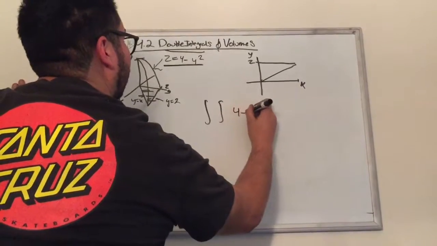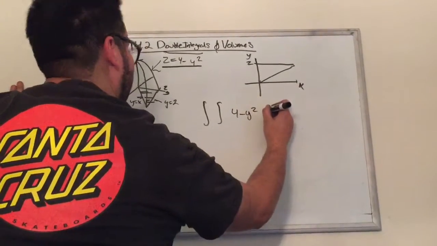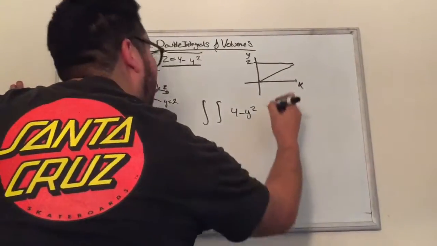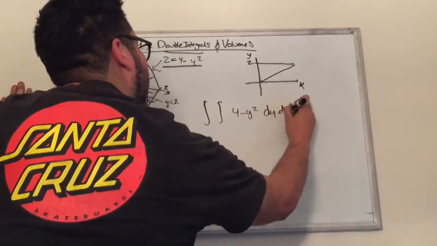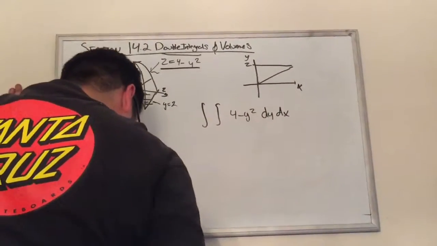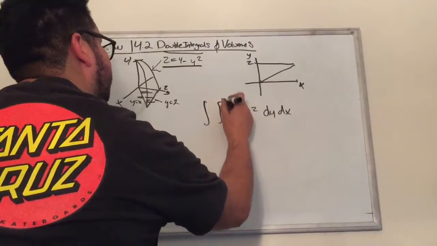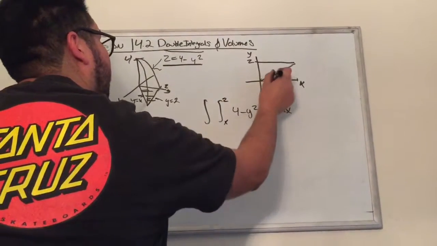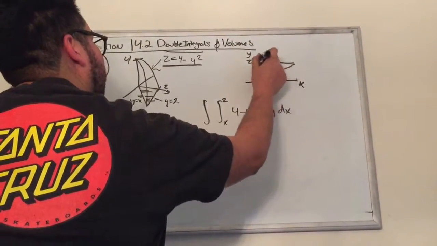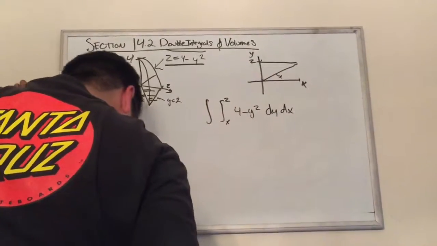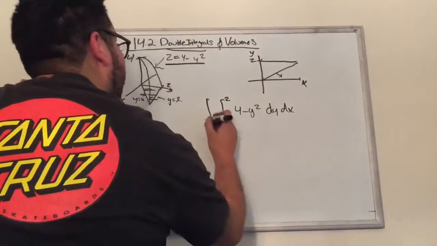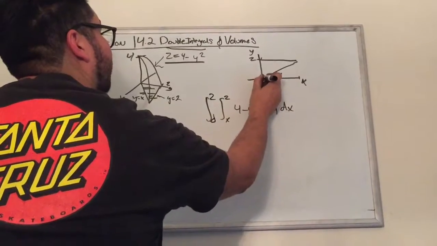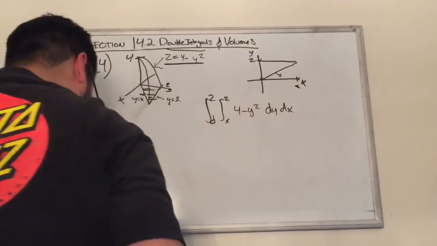So 4 minus y squared, and we are going to go dy dx. Then the bound is going to be from x to 2 for the y, and for the x direction, we're going to go from 0 to 2.